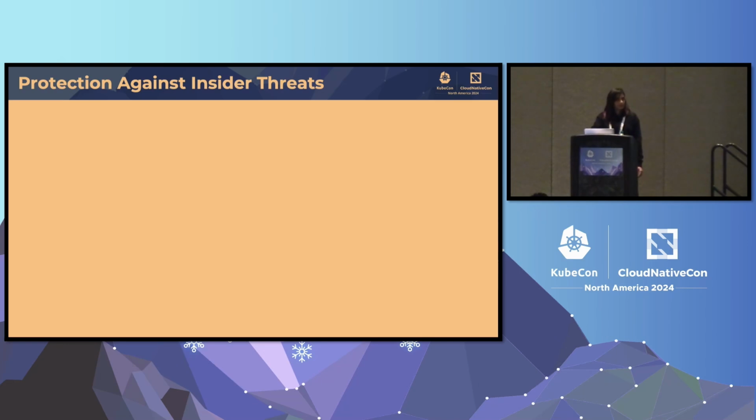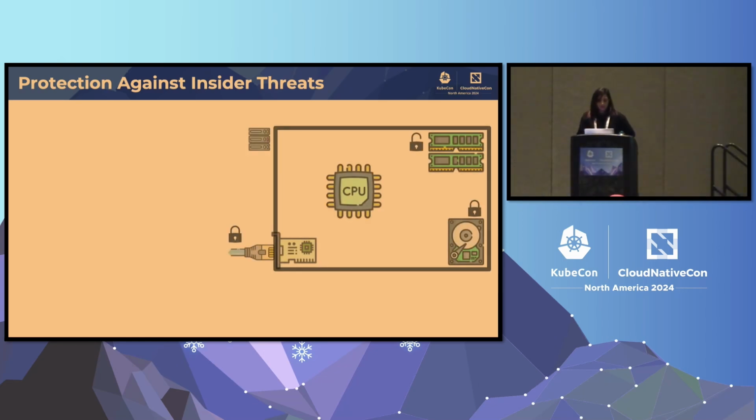Protection against insider threats. Let's try to understand what that is. So think of your workload running on a shared infrastructure. So when you're running your workload on something like a VM, which is on cloud, you're trusting the hypervisor, you're trusting the host kernel, you're trusting a lot of components which have access to the processor itself.